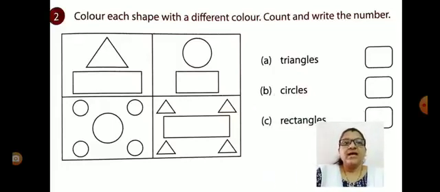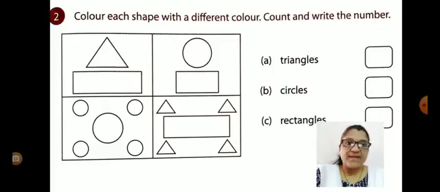Number 2. Color each shape with a different color. Count and write the number. Look here, in the given picture there are different shapes we see. We have to color each shape with different color. We have to count it and write it in the boxes given in the right side.